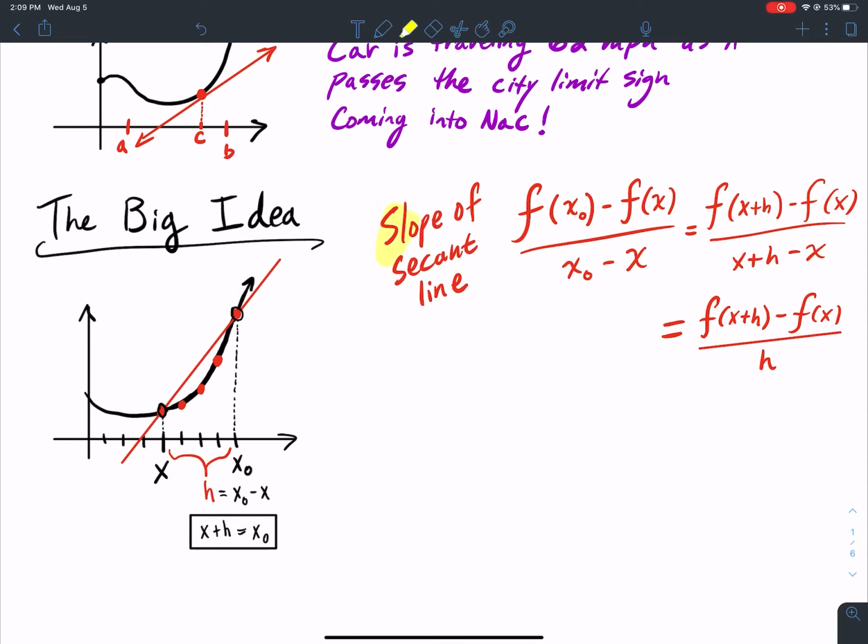So I have this formula for the secant line, which is known as the difference quotient. Okay, so this has a special name. It's called the difference quotient, right? So it tells us the slope of the secant line between 2 points that are a horizontal distance h apart from each other. So what happens?